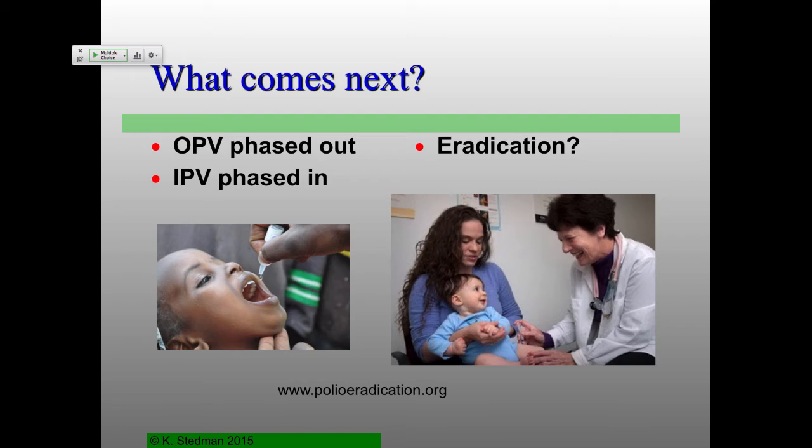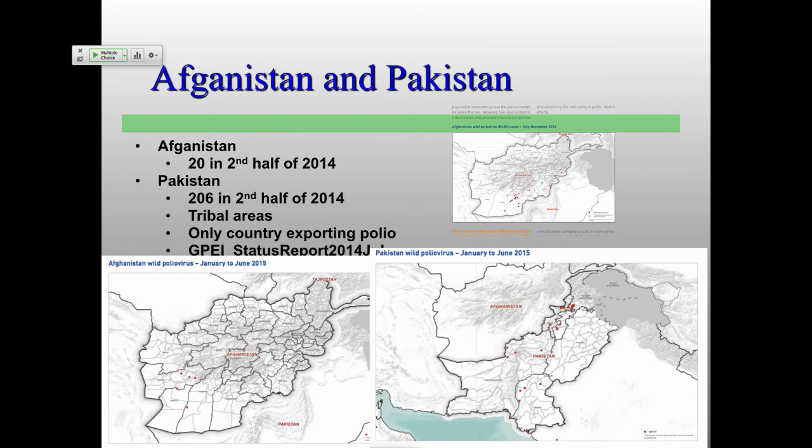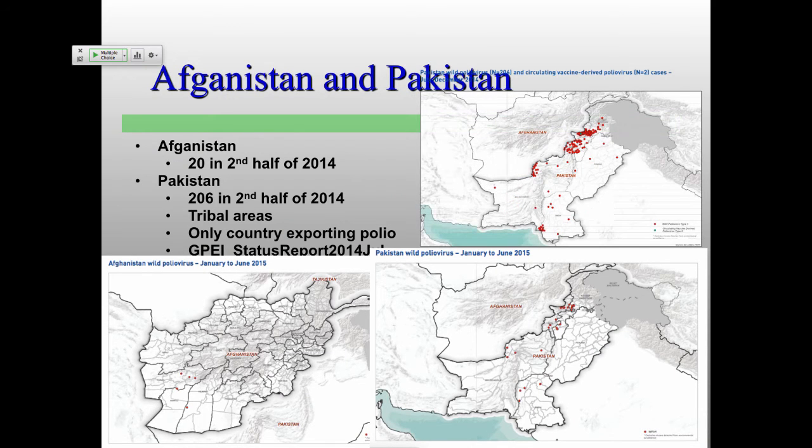But it's a lot harder and way more expensive to use that kind of immunization. But that's the current plan, to get rid of the oral polio vaccine and then switch over to the inactivated polio vaccine, that's the IPV here, in order to hopefully get rid of everything that's left.